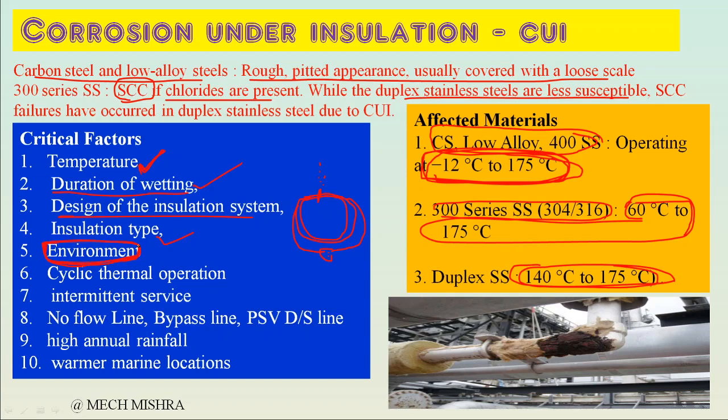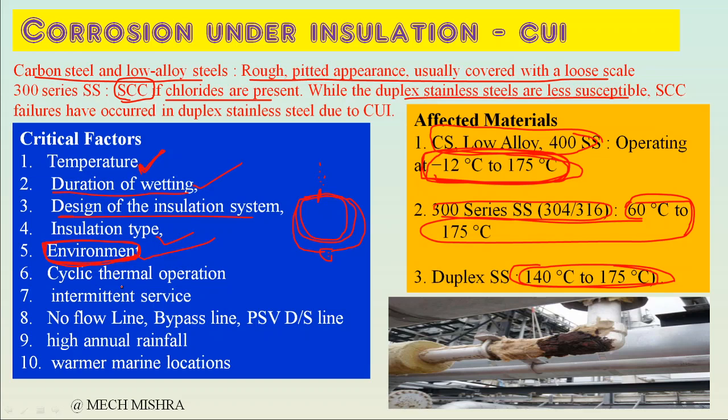So environment is also a critical factor. If we are in a rainy area where frequent rains happen, then the equipment under insulation will be more prone to CUI. Cyclic thermal operation. If we are operating under cyclic conditions, meaning sometimes my temperature is high, sometimes it gets lower, but then again high.